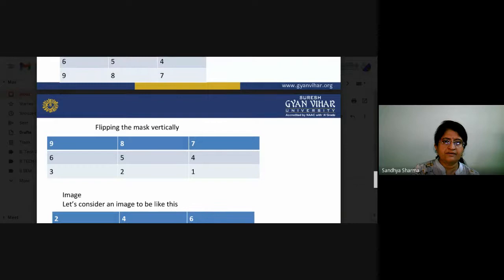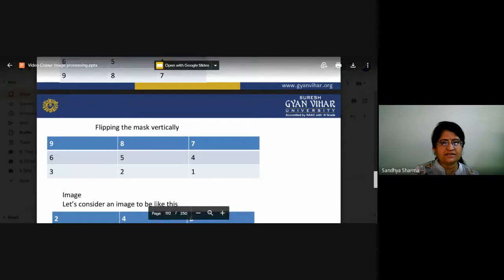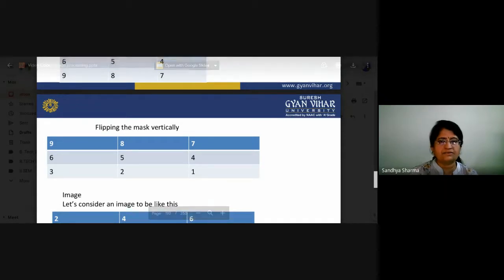Now flipping the mask vertically, the lower row is converted into the upper row and the upper row into the lower. So those are the different types of flipping the mask.